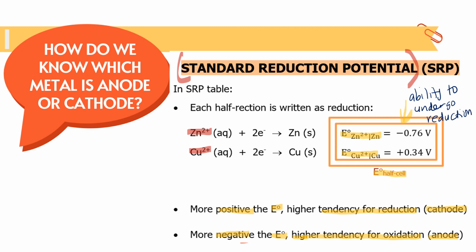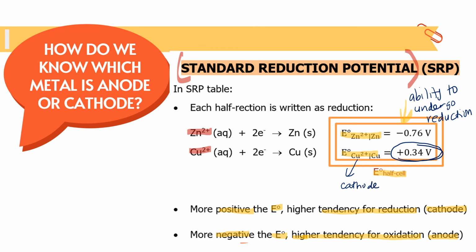The more positive, or the bigger the value, the easier it is to undergo reduction. So between zinc 2+ and copper 2+, the one that will undergo reduction is the positive one. That's why we choose copper 2+ to become our cathode.